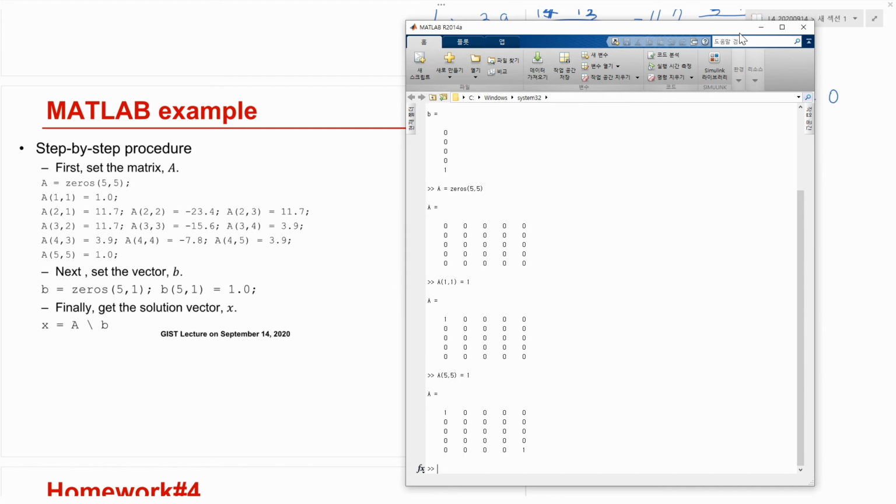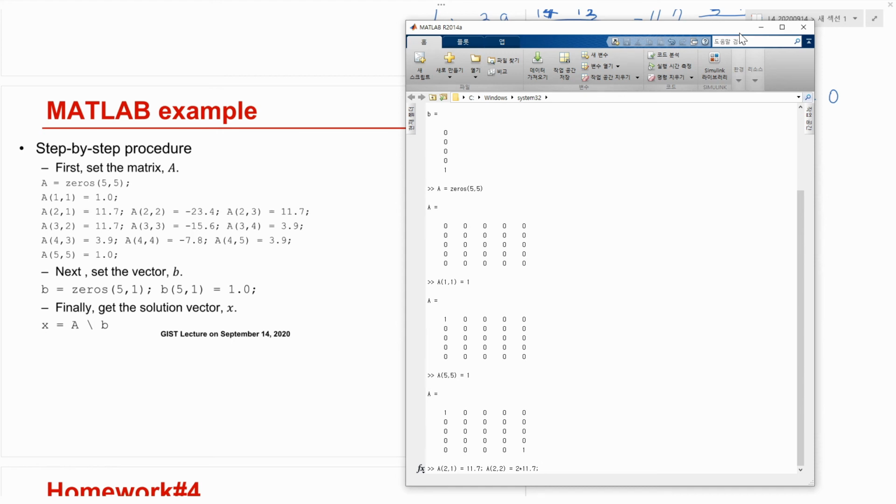And now we are filling the internal nodes. For example, 2,1 is corresponding to 11.7, and 2,2 is 2 times 11.7.